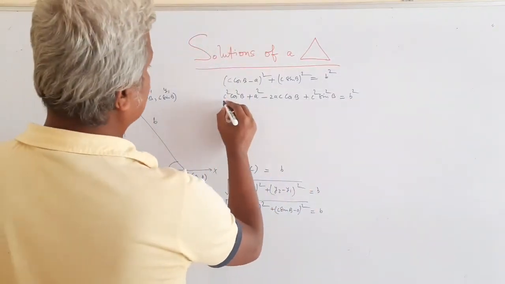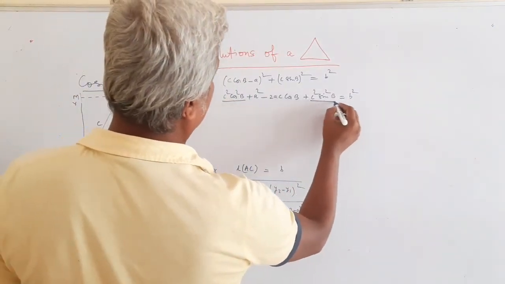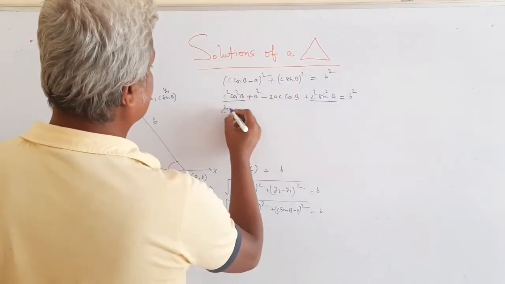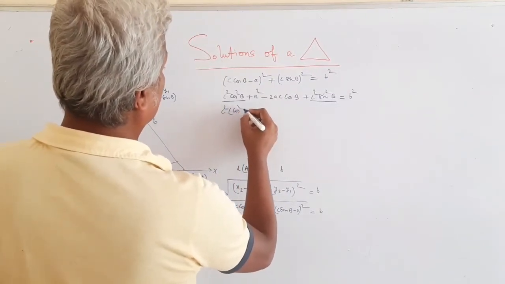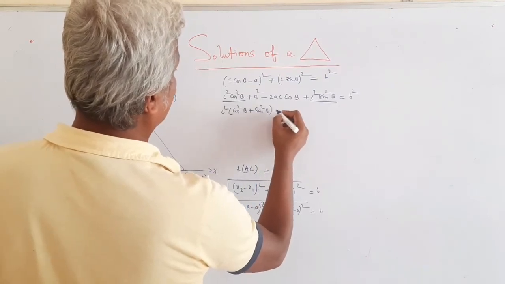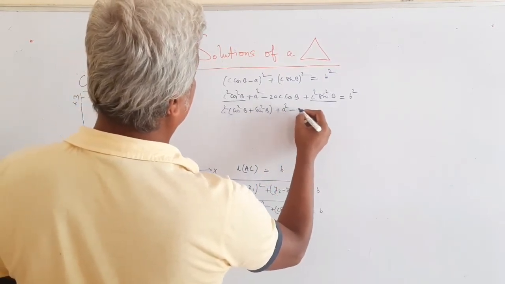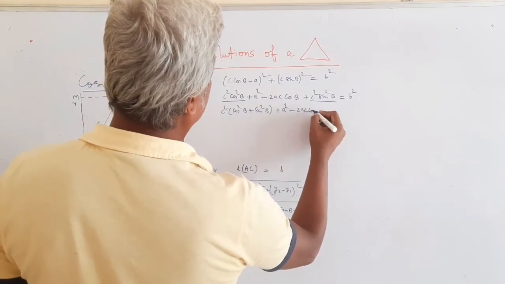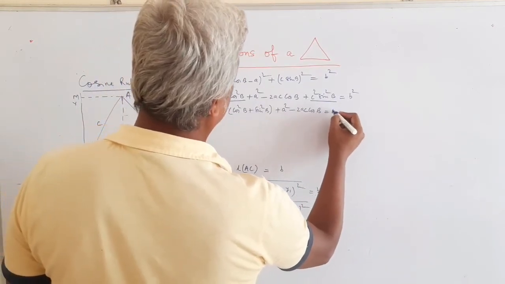Now here you see c square cos square B and c square sin square B. If I take c square common, I'll get cos square B plus sin square B, plus a square minus 2ac cos B is b square.